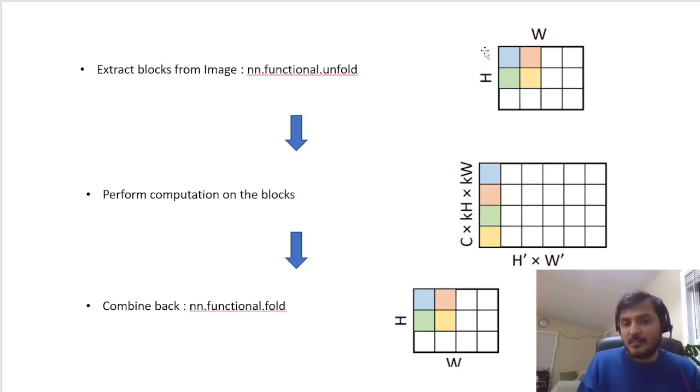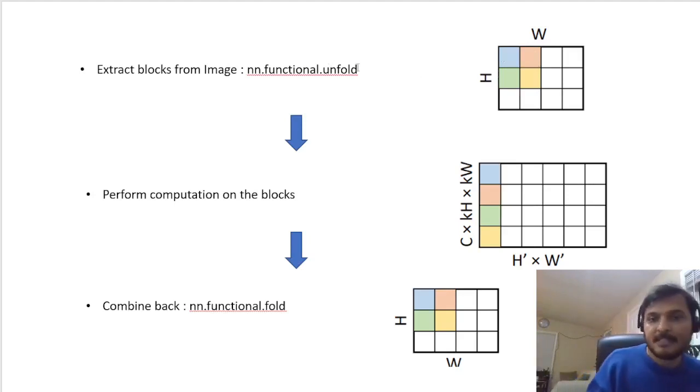I have made it one channel for simplicity, and H and W are its height and width. Now, if I want to do a convolution operation on it, or any sliding window operation with a filter of 2 by 2 size, so the kernel is 2 by 2, how am I going to do it?